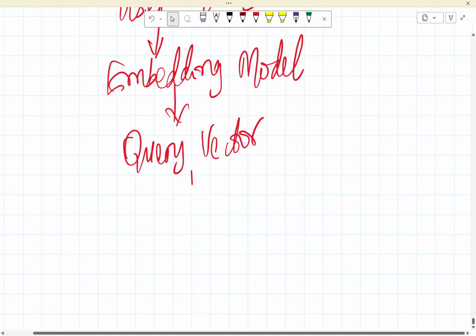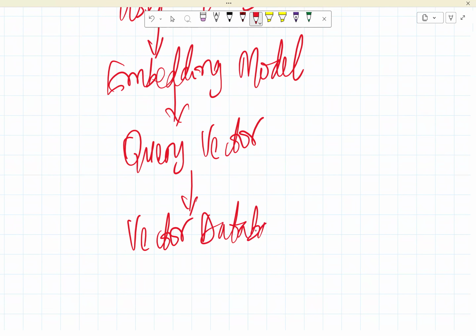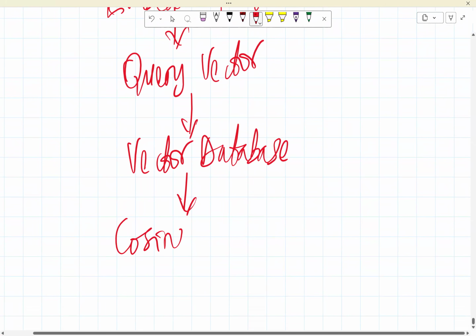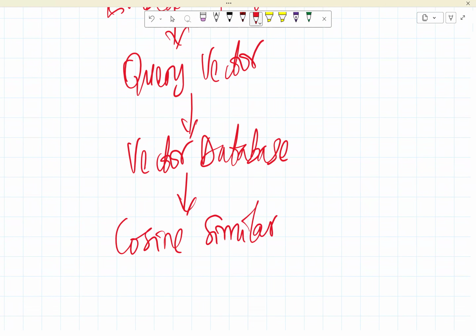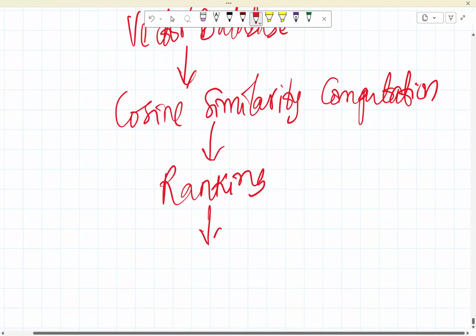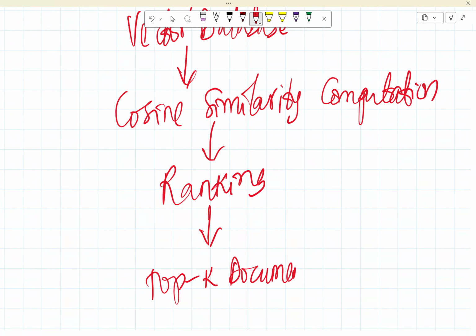All the vectors are then stored in a vector database for easy usage. And then from there, you can do the cosine similarity computation, where the query is compared to each document. Then from the computation, you can do the ranking based on the similarity scores. And finally, you decide the top K documents returned.